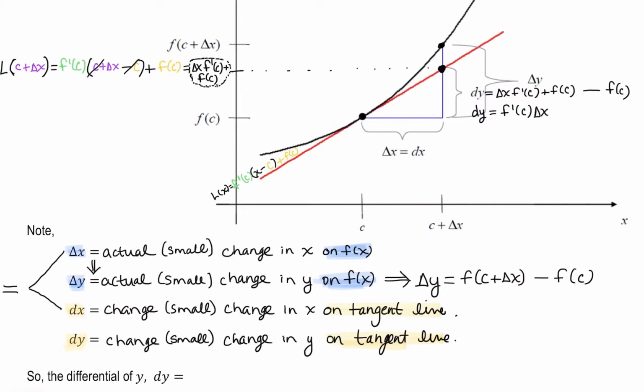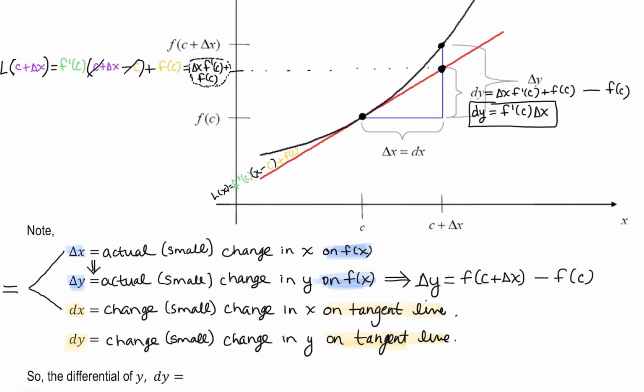Well, that's the big takeaway here. That's really what we were most after. So now what we know, and this is really the main point of where we were headed, is that the differential of y is this f prime of c delta x. But of course, delta x and dx are the exact same thing. And c was just, because we would have so many x's floating around, I just let c be that point of tangency interest. It's going to be true for any x.